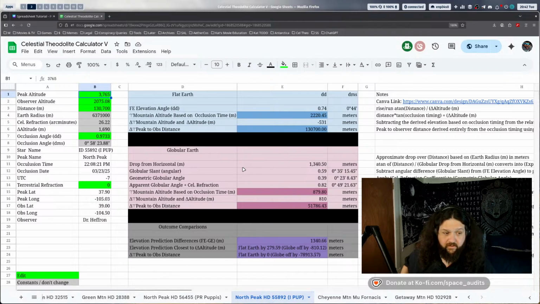And then, like I said in the video there, optically, when you're watching the video for the IPUP, it gets occluded at the edge of the frame. And we know the edge of the frame is 44 arc minutes. You can do an analysis on it, based off of several different factors and using Stellarium and overlays. I understand why it was argued that this wasn't North Peak and it was occluded on Green Mountain.